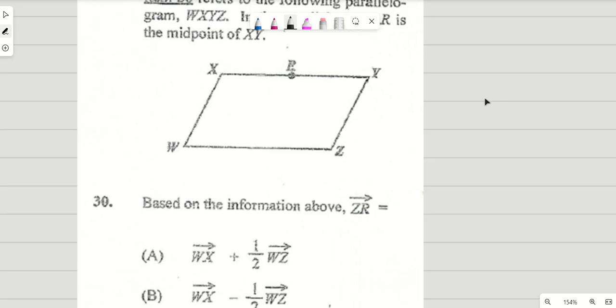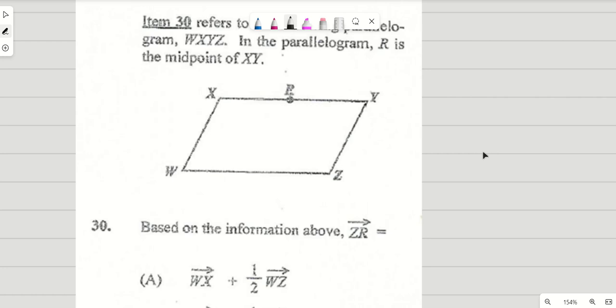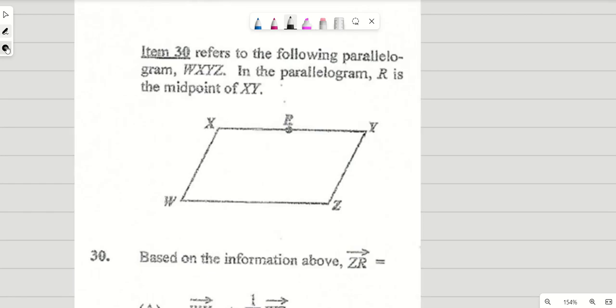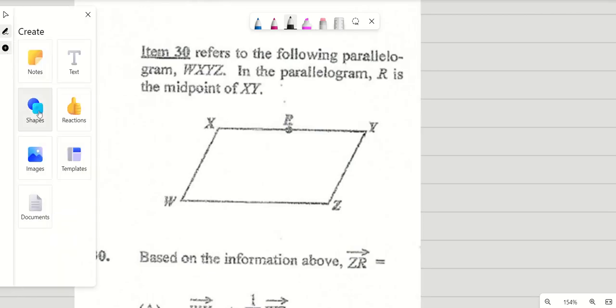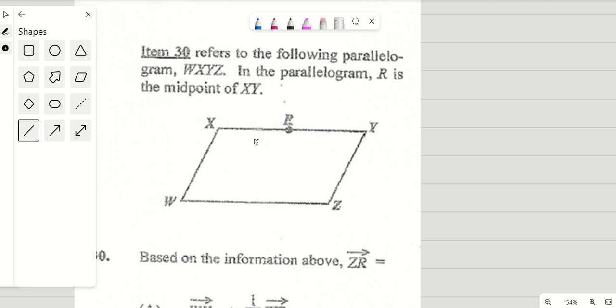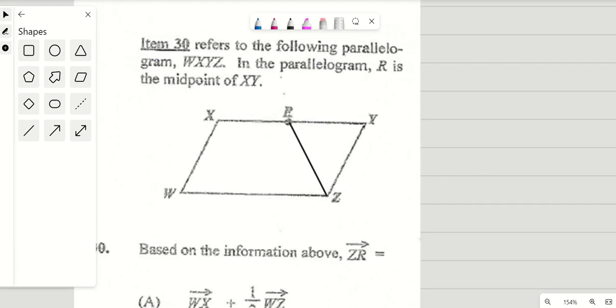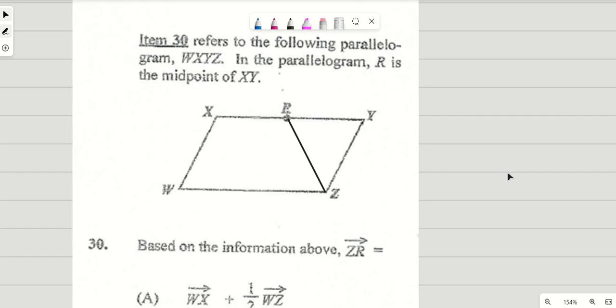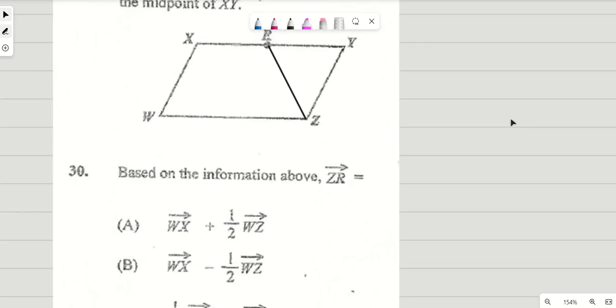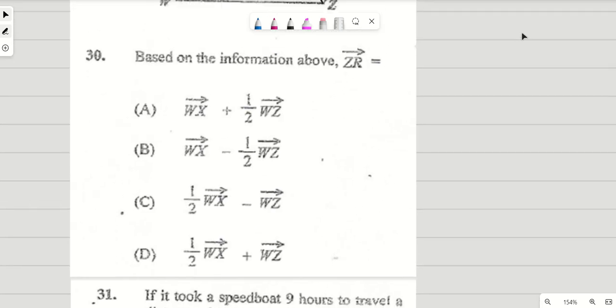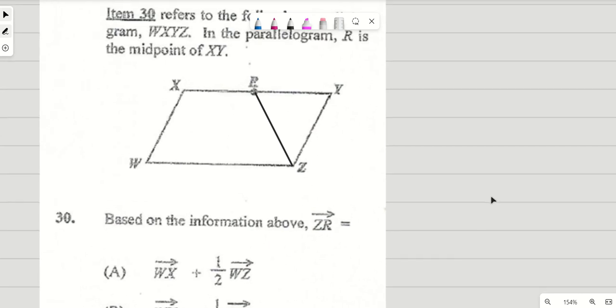Based on the information above, ZR would be, we're going from Z to R, right? So we're starting at Z, going to Y, and then going to R. Let's write it out.